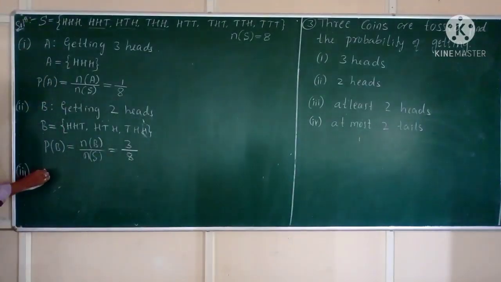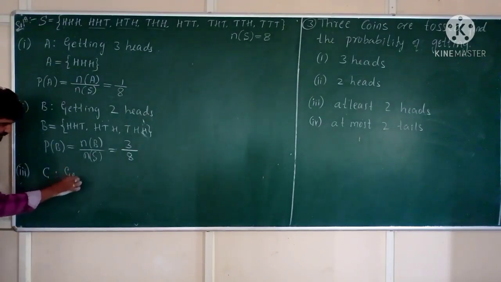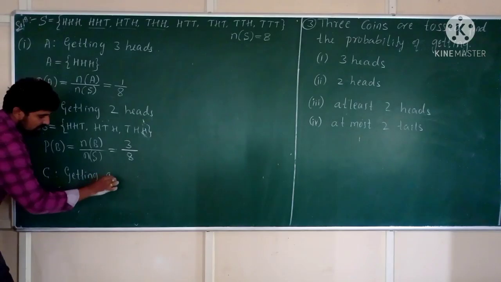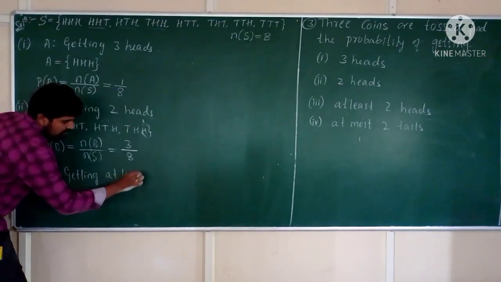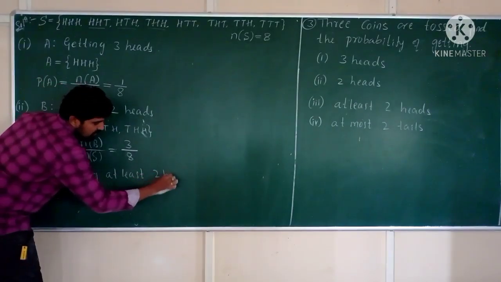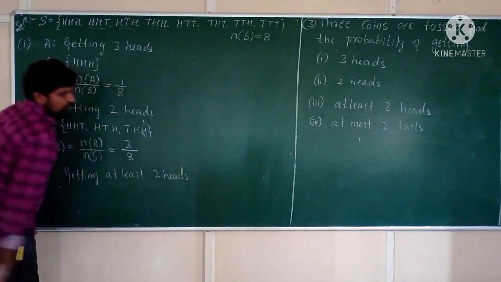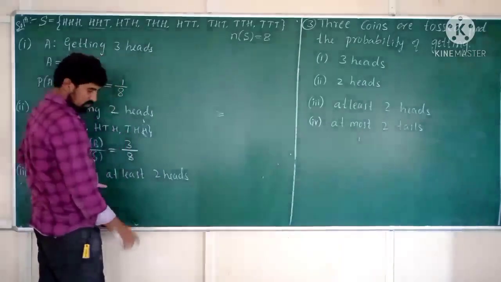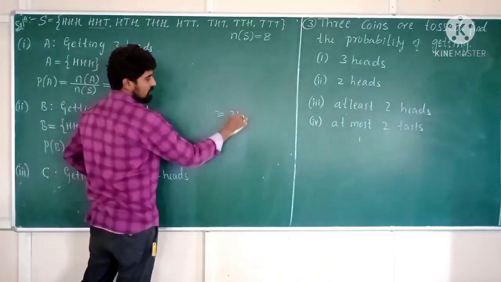So let us define the event. C is an event which is defined by getting at least 2 heads. At least in the sense greater than or equal to how many heads? 2 heads.